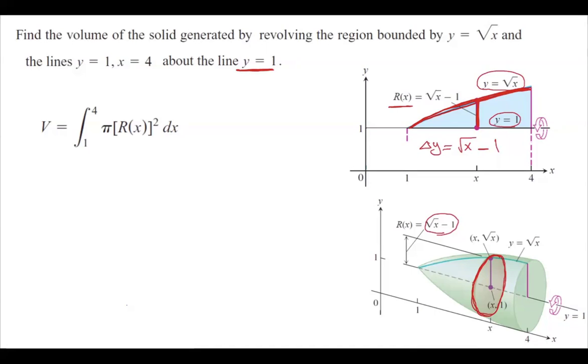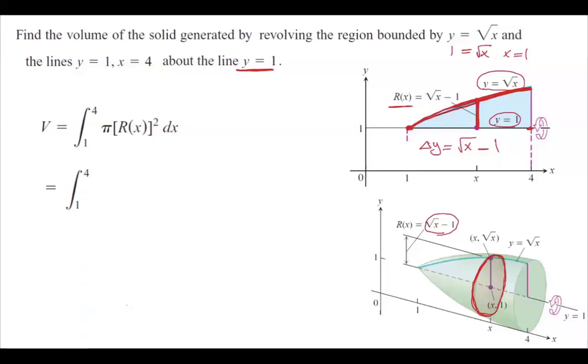So pay attention here. y is equal to 1 and x is equal to 1. When you plug in 1 here, your x becomes 1, the intersection between these two. And then your x is equal to 4, which is this portion of your object.